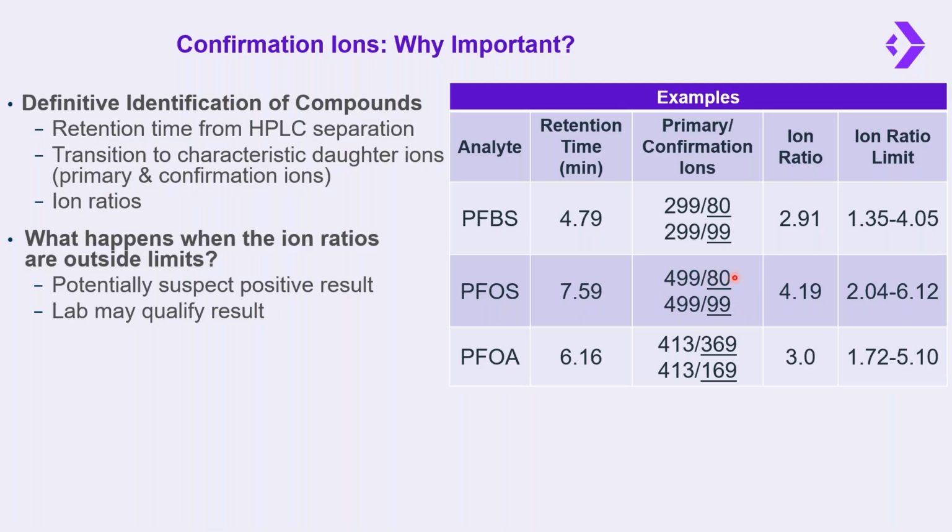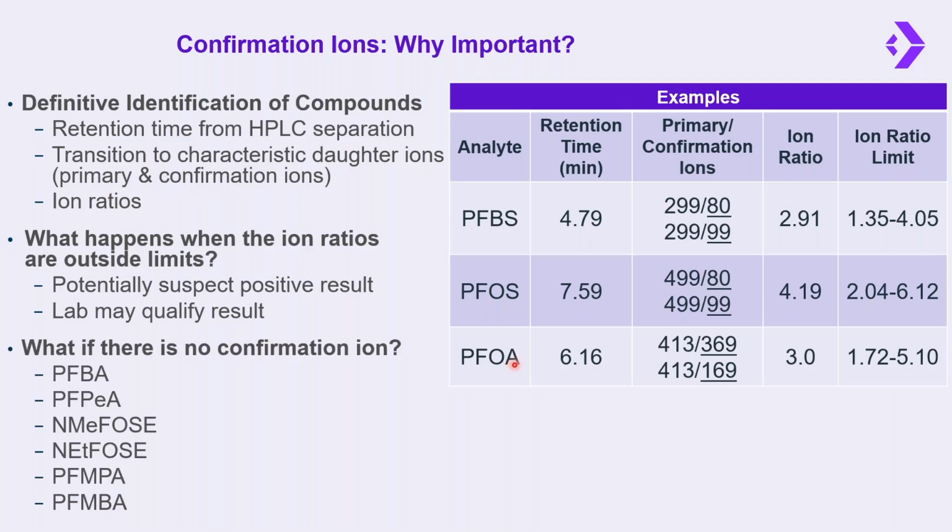And the lab will use the area count of the primary ion 80 to figure out the concentration of PFOS. This confirmation ion 99 has to be present for a positive identification. And then the ratio of the primary ion 80's area count to the confirmation ion 99's area count has to fall within this certain range to confirm the detection. And the same logic follows for PFOA and other PFAS.